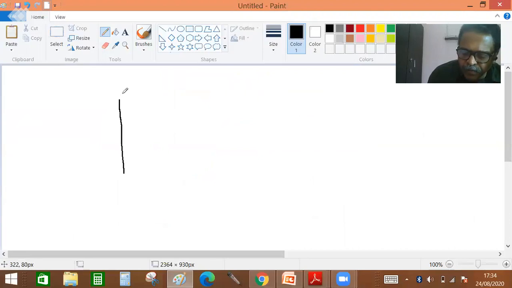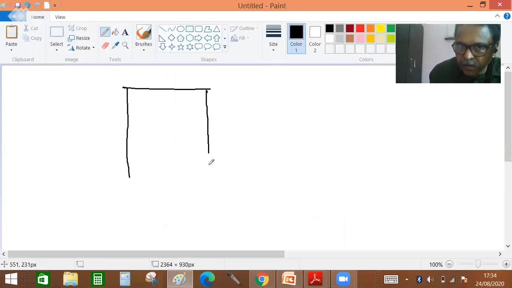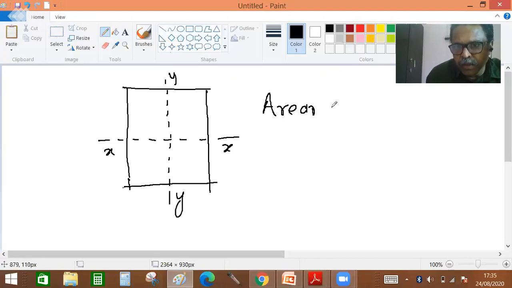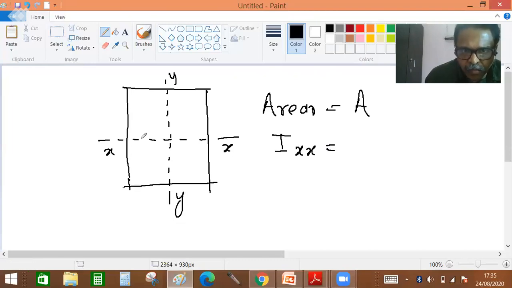Suppose you take a rectangle, and it has two axes, the x-axis and another axis, the y-axis. This rectangle has area equal to A. Then its moment of inertia about the x-axis, when you derive the formula, comes to be BD cubed by 12.